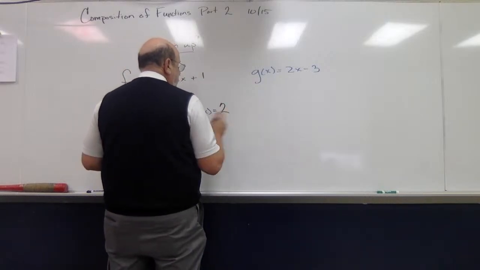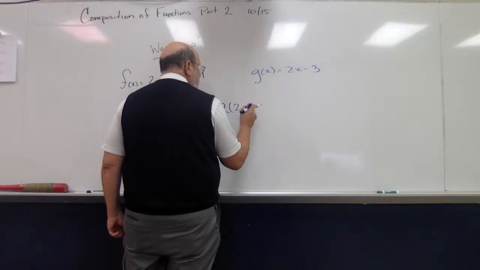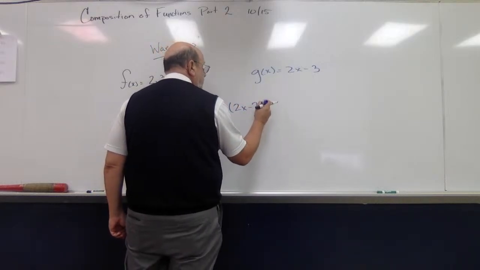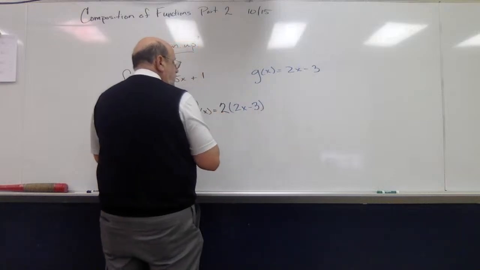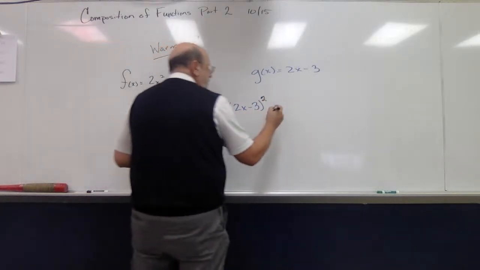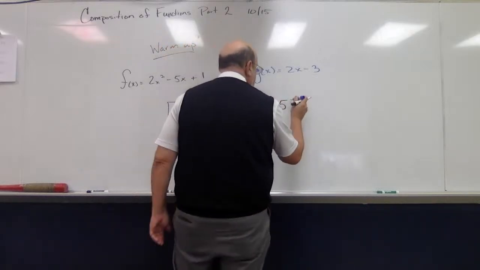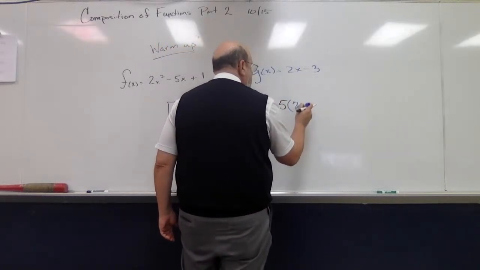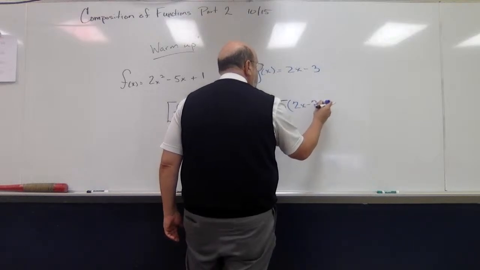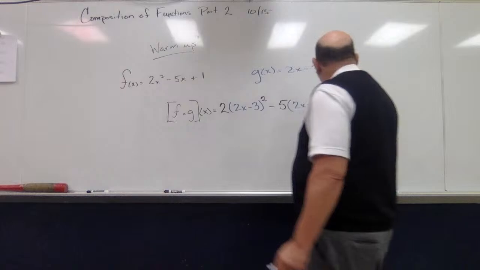Here's a 2. Here's my X. So I'm going to put in a 2X minus 3. I'm going to square it because that's what it says over here. And minus 5 times X. So instead of X, I'm going to put in 2X minus 3. And then add 1 at the end.